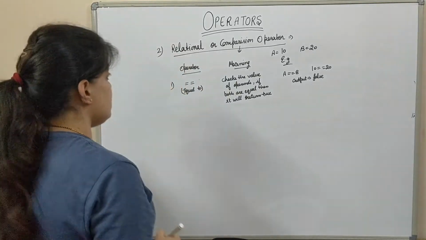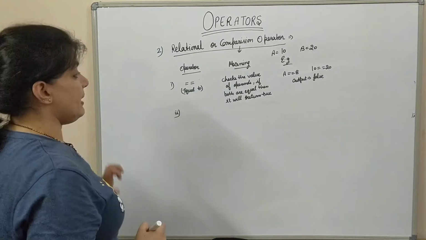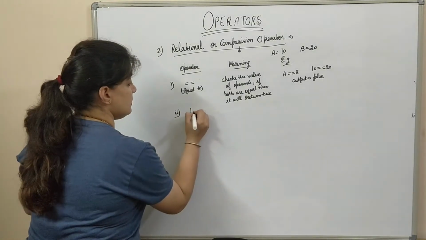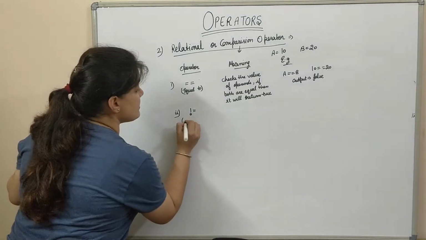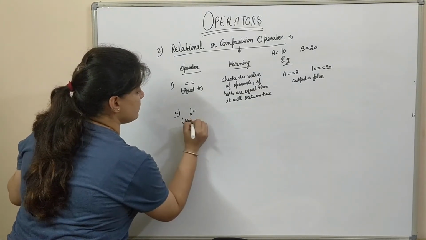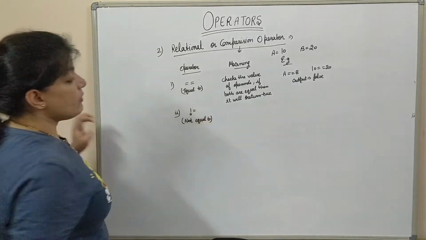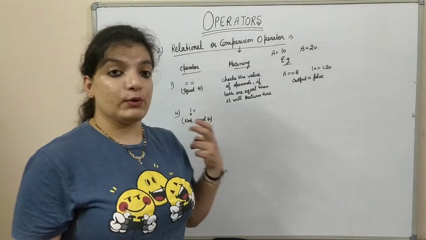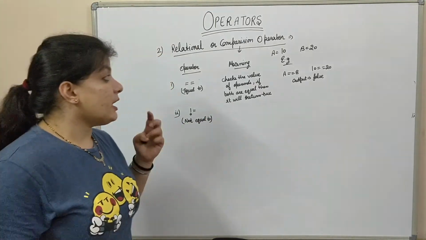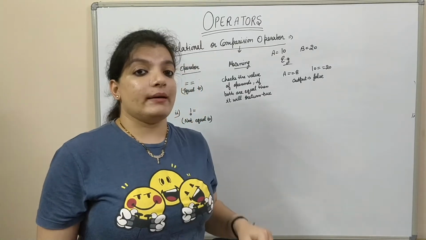Now the second relational operator is this symbol. This symbol's meaning is not equal to. How does it work? It checks the values of two operands, and if both values are not equal to each other, then it will return true.